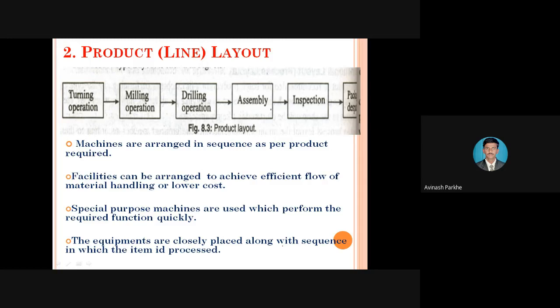In one day, if you are manufacturing, for example, 10 four-wheeler vehicles, all 10 have the same construction and the same operations. That means I am producing a similar type of product in mass quantity. At that time, this product layout or the line layout plays a very important role.